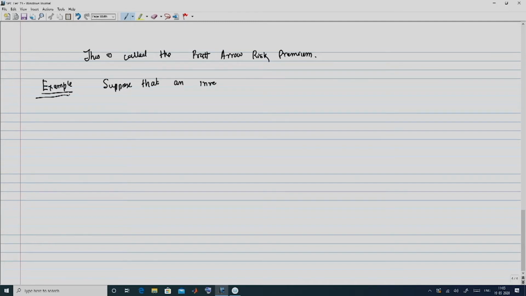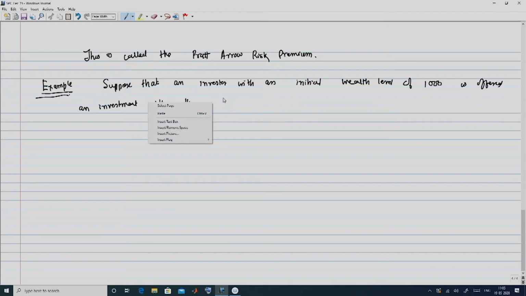We consider an investor with an initial wealth level of 1000 who is offered an investment with the possibility of gaining 200 or losing 200.